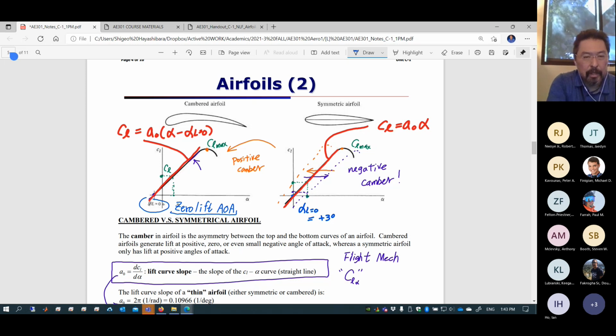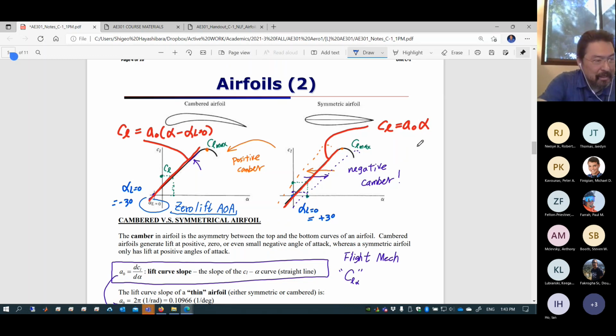That's probably something you have to think about. So this is alpha zero lift for positive camber, which is -3. If you invert it, that is going to automatically make the negative camber, which shifts alpha zero lift to +3 degrees, not -3, because you're going to shift all the way to the right.